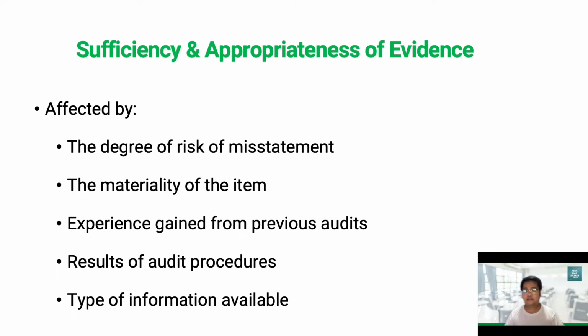For example, if the client is using a highly sophisticated accounting system or software, and the traditional paper-based evidence is not available, then it follows we will not be able to collect those types of evidence. So we will most likely collect evidence that is electronic in nature. We might use CAATs, or computer-assisted audit tools and techniques, in obtaining the evidence in the course of performance of our procedures.